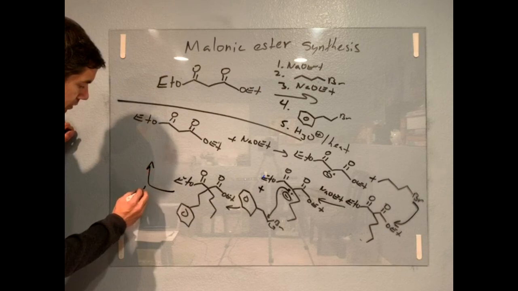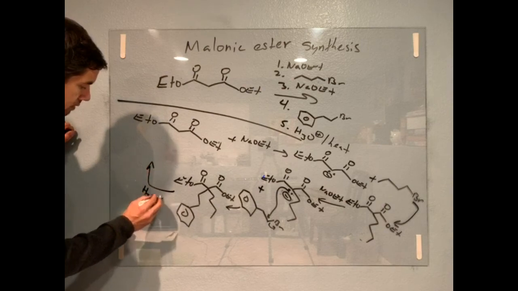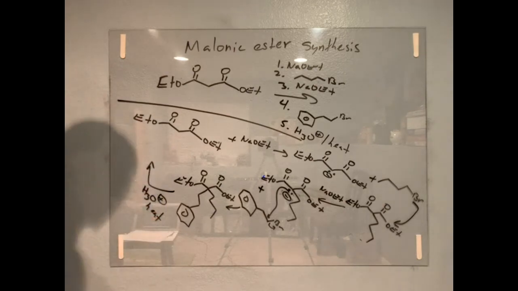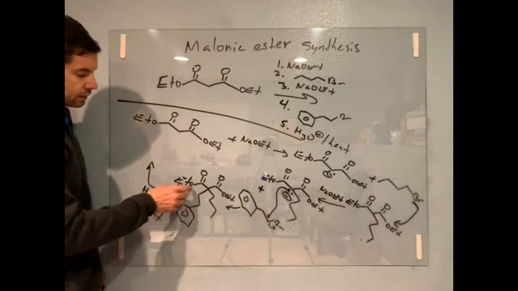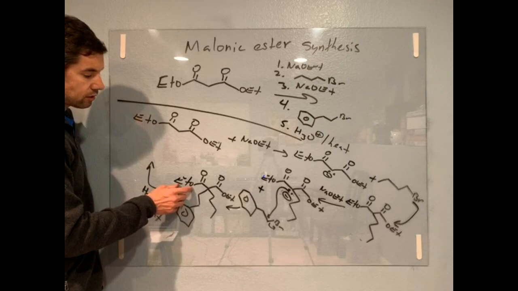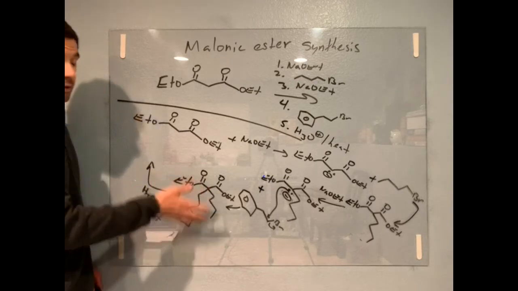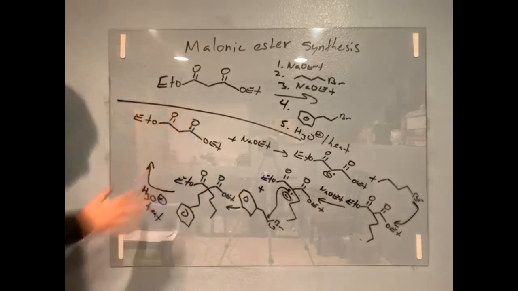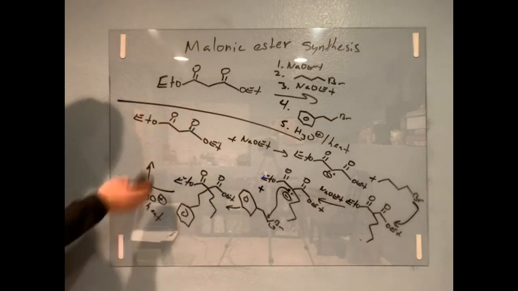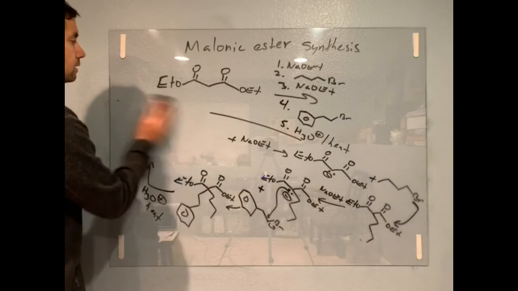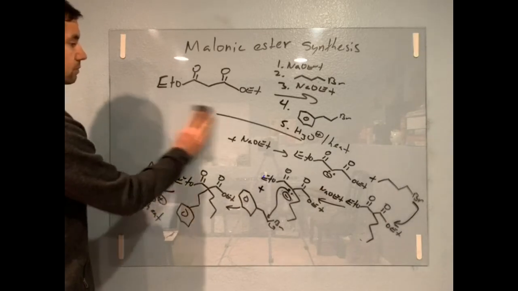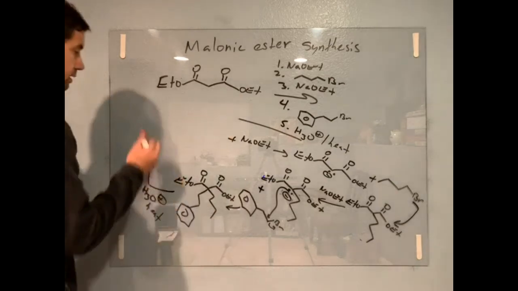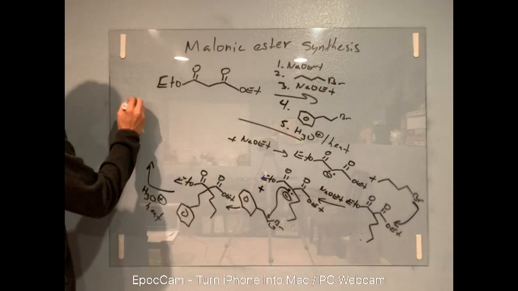We can do H3O plus and heat. What's going to happen? Just like before, we're going to convert the ester groups into carboxylic acids, and they're going to decarboxylate, right? We're going to lose one of those groups here. We'll get to that, right? I'm going to have to erase there because we're running out of room. The board's a little bit small. And we're going to end up with this species here.